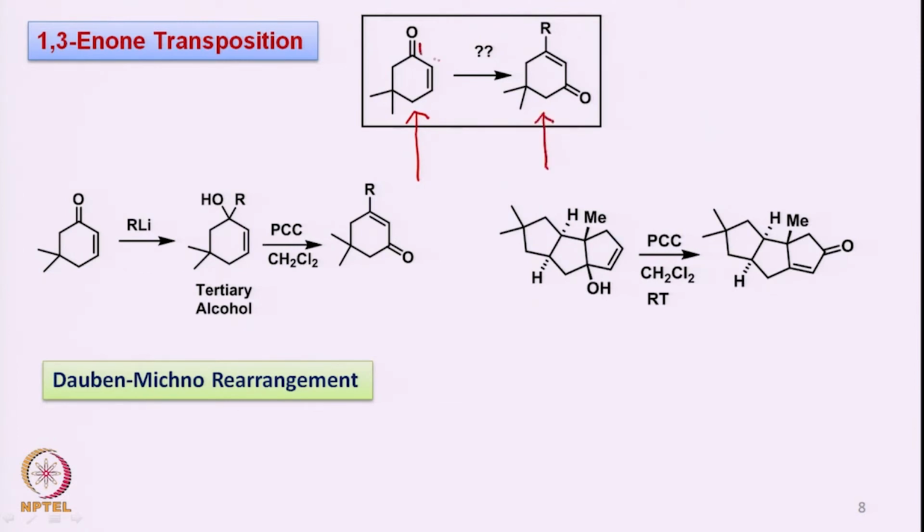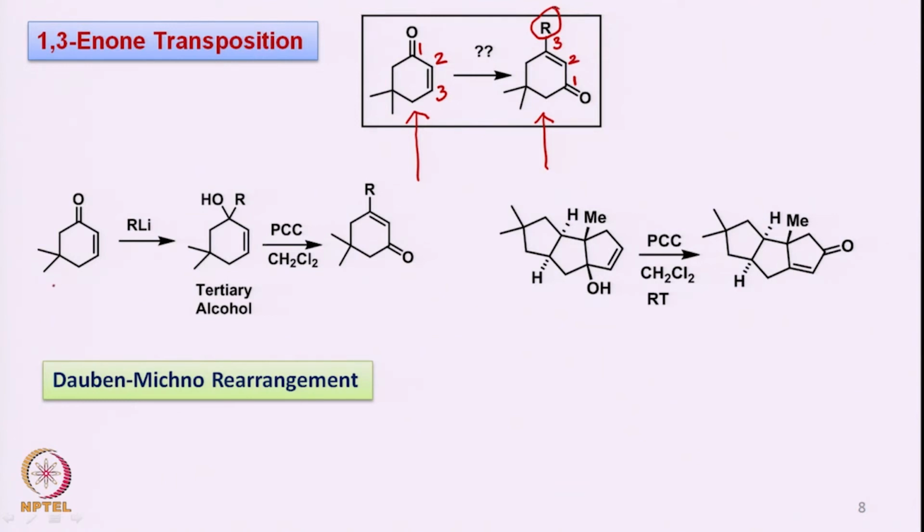So you have 1 position, 2 position and 3 position. Now you have inverted it, it is 1, 2 and 3, except that here we have introduced another R group at this position. So it is not a simple 1,3 enone transposition, but a 1,3 enone transposition with an addition of an R group.